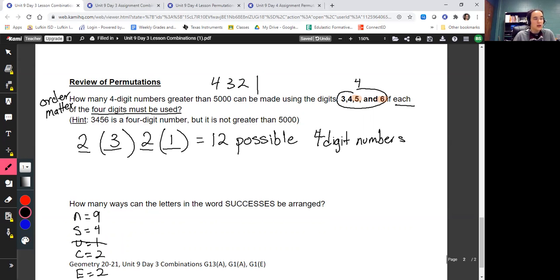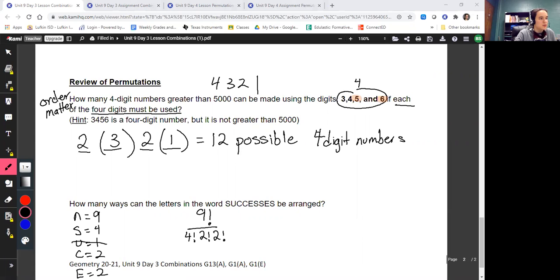So then again, we take our total: 9 factorial over 4 factorial, 2 factorial, 2 factorial. So please remember, if you are using an Inspire, to type control divide first so you get your fraction before you do anything else. So we've got 9 factorial.